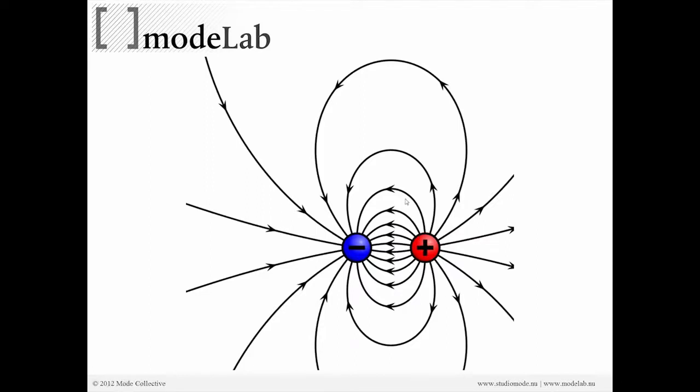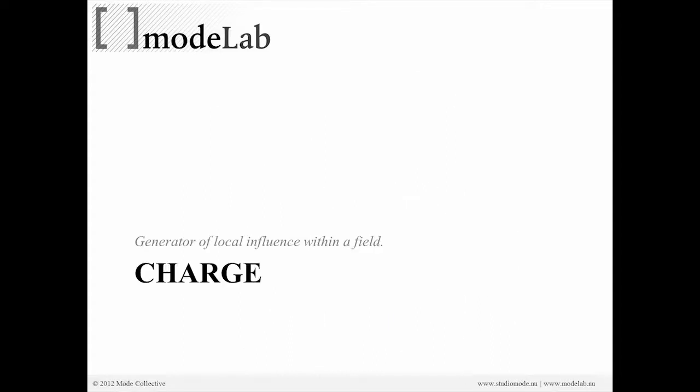So if you have a metal filing here, it's going to be influenced by the electromagnetic field based on these two influencers. And as you go farther away, of course, that influence diminishes. The things we're going to be calling the influencers in our field are going to be charges, and that's just a generator of local influence within a field.